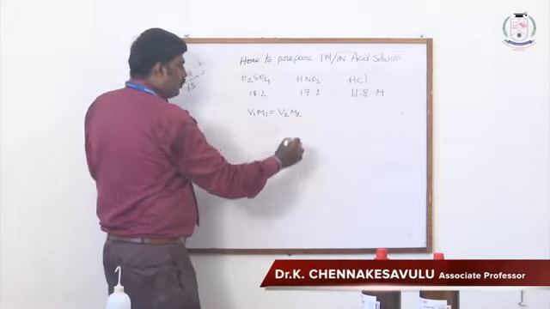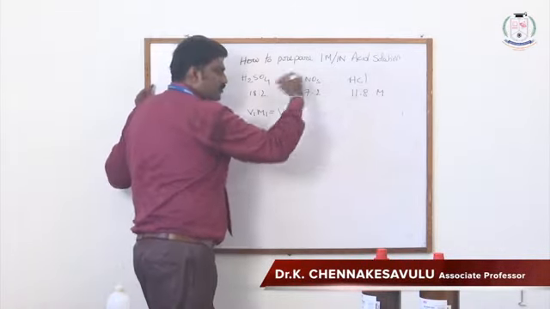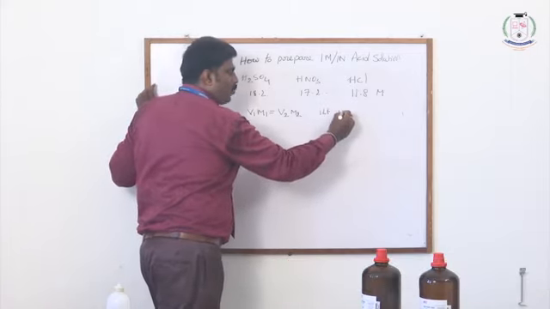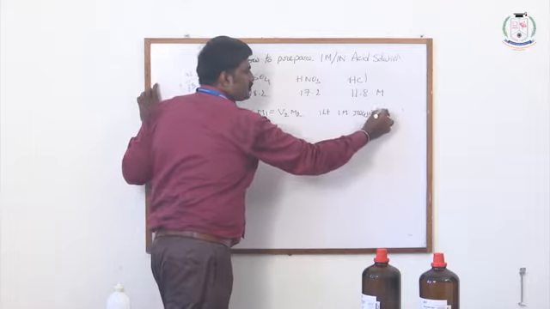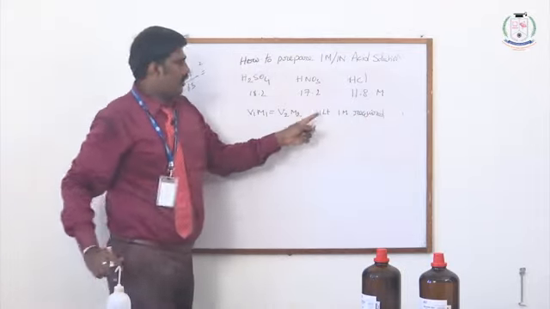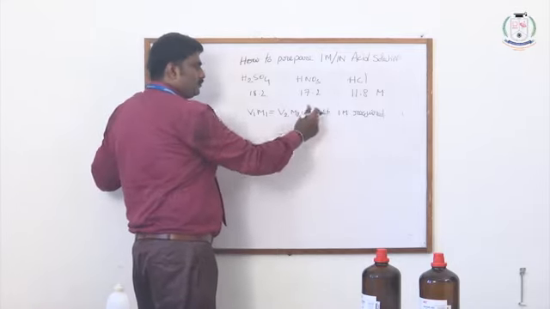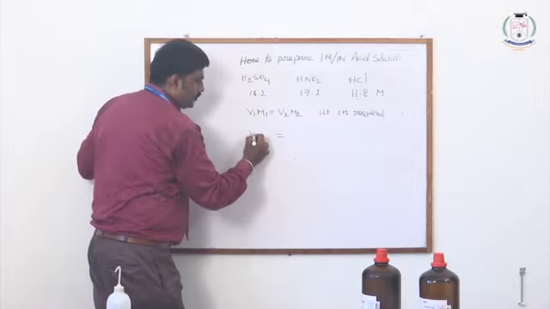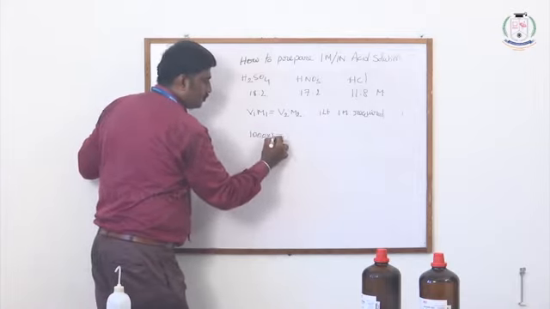Let us say we want to make 1 liter of 1 molar solution of these 3 acids. Required acid is 1 molar and required volume is 1 liter. Let us keep V1 and M1 as 1 liter, that is 1000 ml into 1 molar.